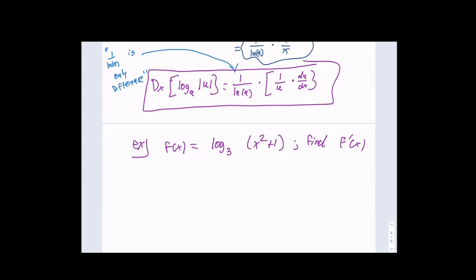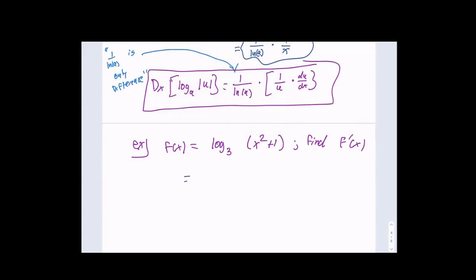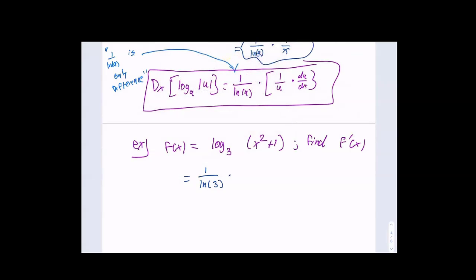This is so complicated. No. Just think of this as 1 over natural log of 3 times the natural log of x squared plus 1. That's the same thing now.